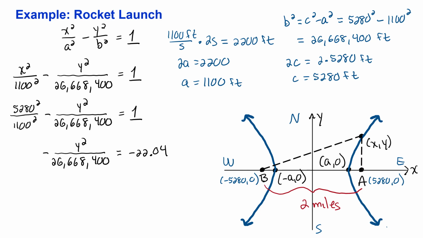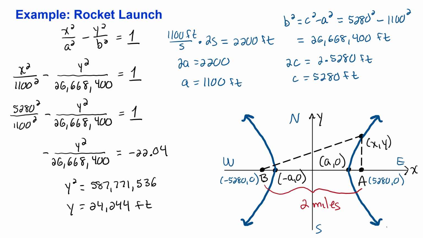Now multiplying both sides of the equation by negative 26,668,400, we have y squared equals 587,771,536. Therefore, y equals 24,244 feet. We take the positive square root since the rocket lies in quadrant 1.